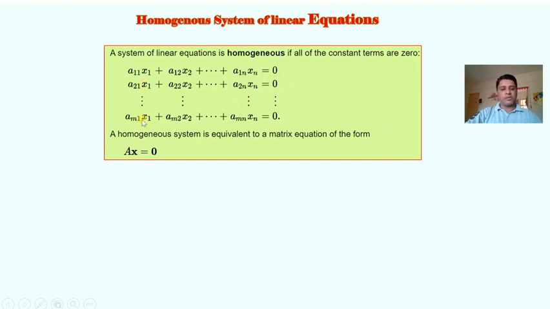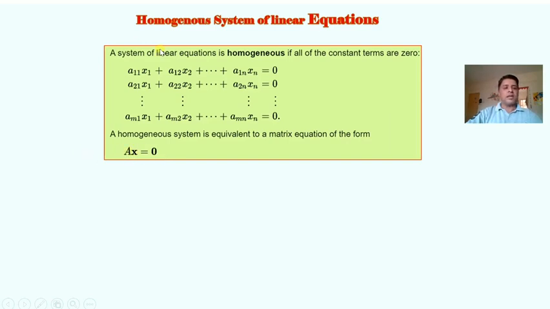Similarly, moving this way, at last am1 x1 plus am2 x2 plus so on up to amn xn is equal to 0. So now look here, the B matrix is always 0. So a homogeneous system is equivalent to a matrix equation of the form AX is equal to 0.